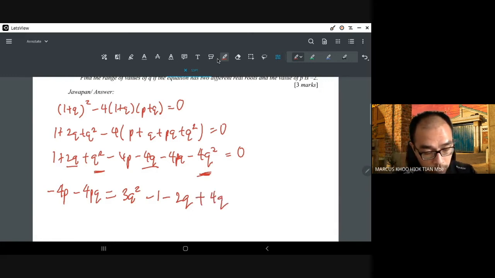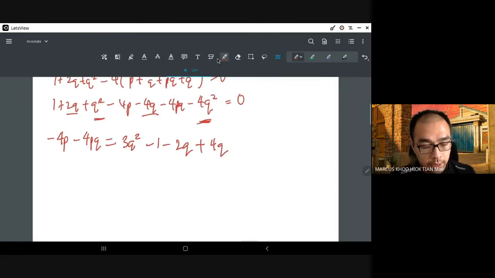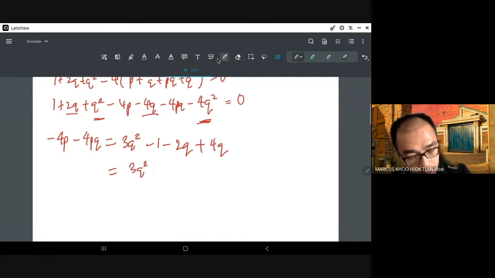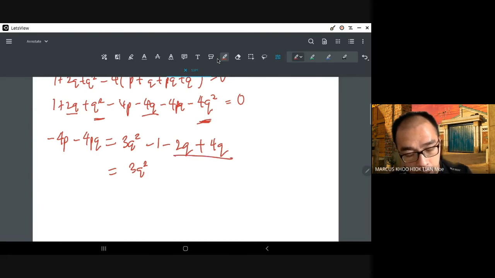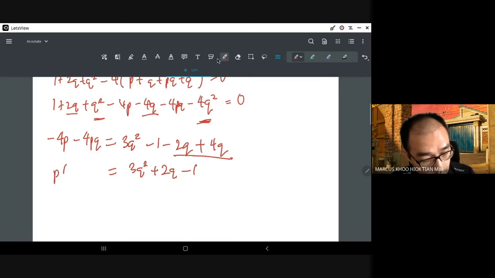Then what happens over here is 3q squared plus 2q minus 1. This will be p minus 4, maybe, minus 4q.